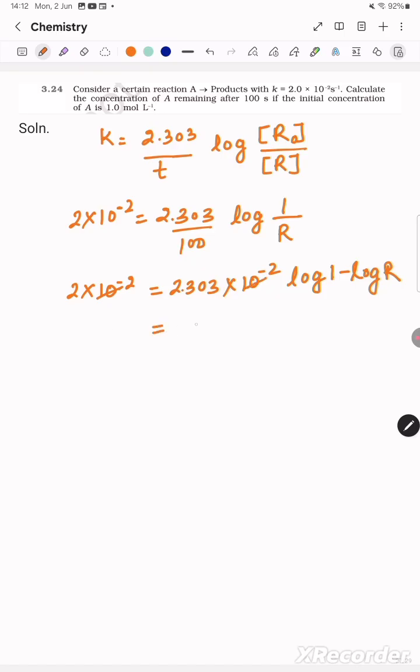So what remains? 2 upon 2.303 equals log 1, whose value is 0, minus log R.